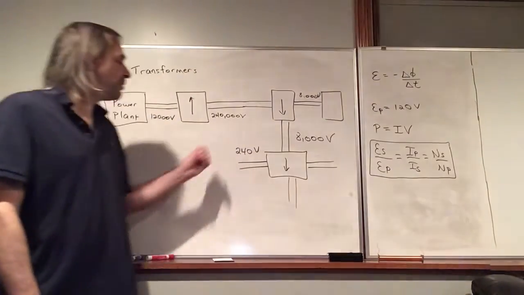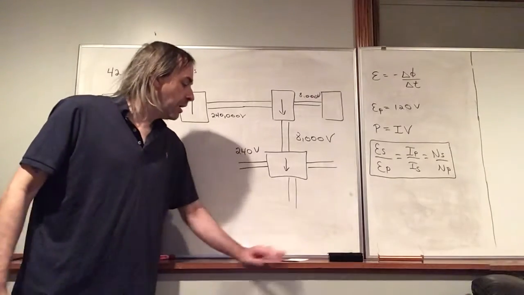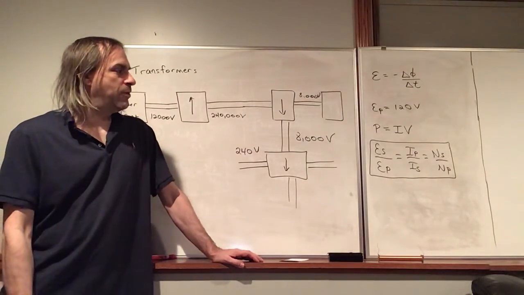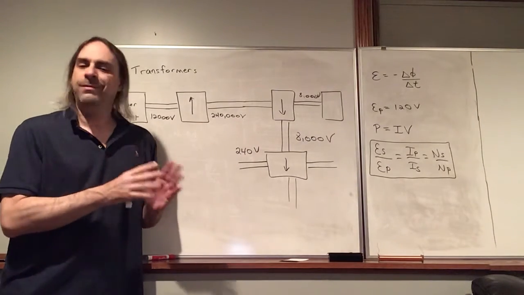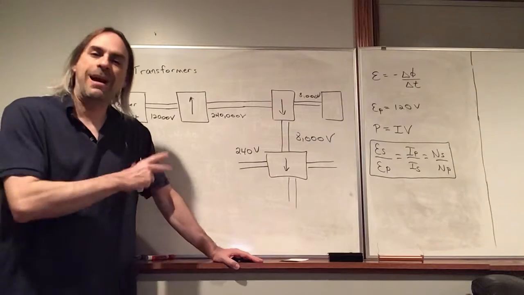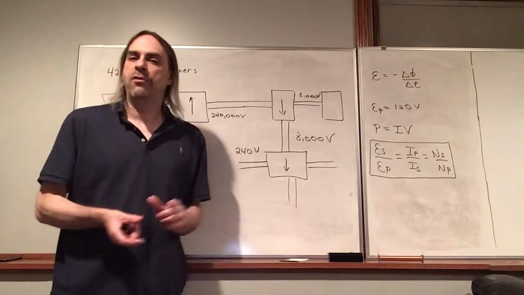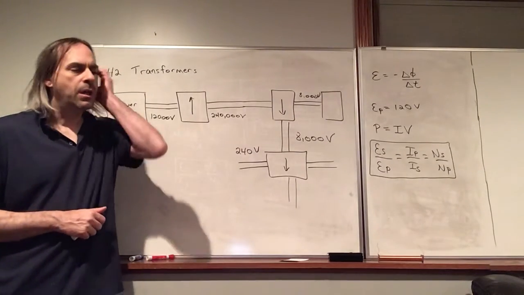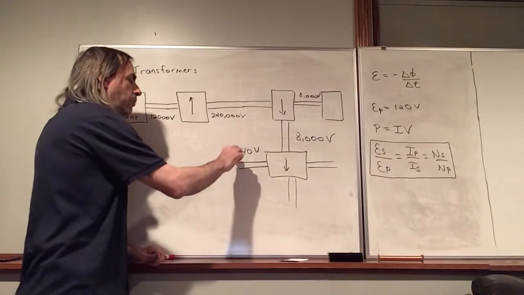So maybe that's why it's 240. Actually, the actual power transmission uses 3 lines, and they're not something we go into in this class, but they're out of phase with respect to each other. And so you can combine them in different ways to get 120 or 240 volts out of it. But anyways, this is your house then.